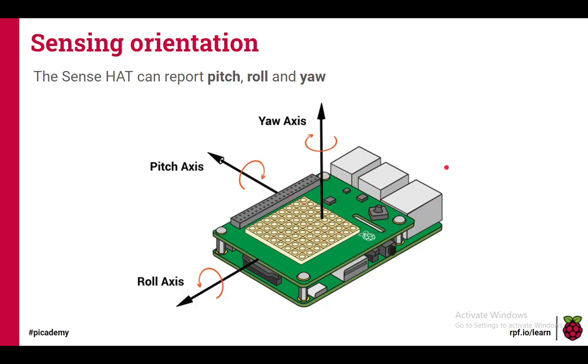If you've ever seen an airplane, this is kind of an easy way to explain it. As the plane's going, when the wings tilt down, that's the roll. As you're lifting off, right, that's the pitch. You're tilting up. And then you've probably seen this, but not really recognized it: if you've ever seen a plane coming in for landing, and it's not actually facing the runway, it's kind of coming at an angle because of the wind.